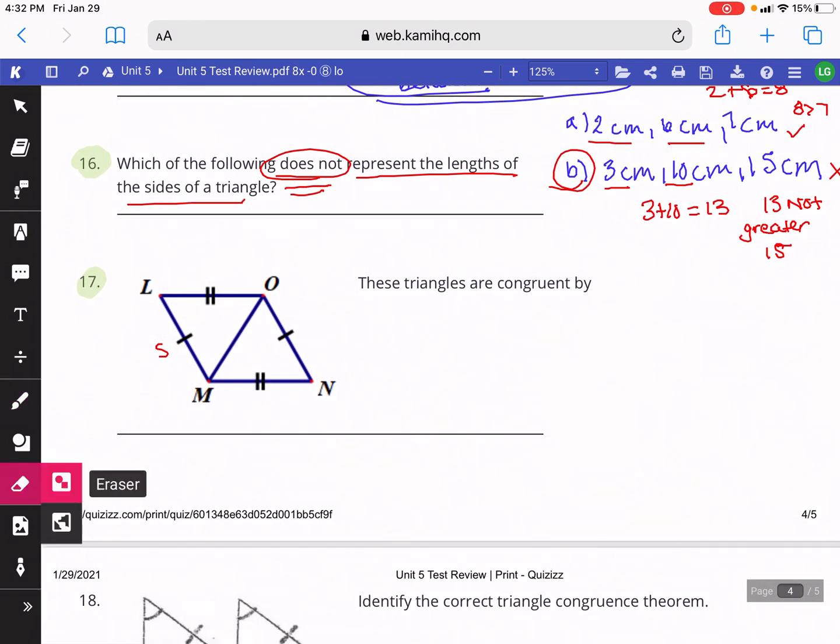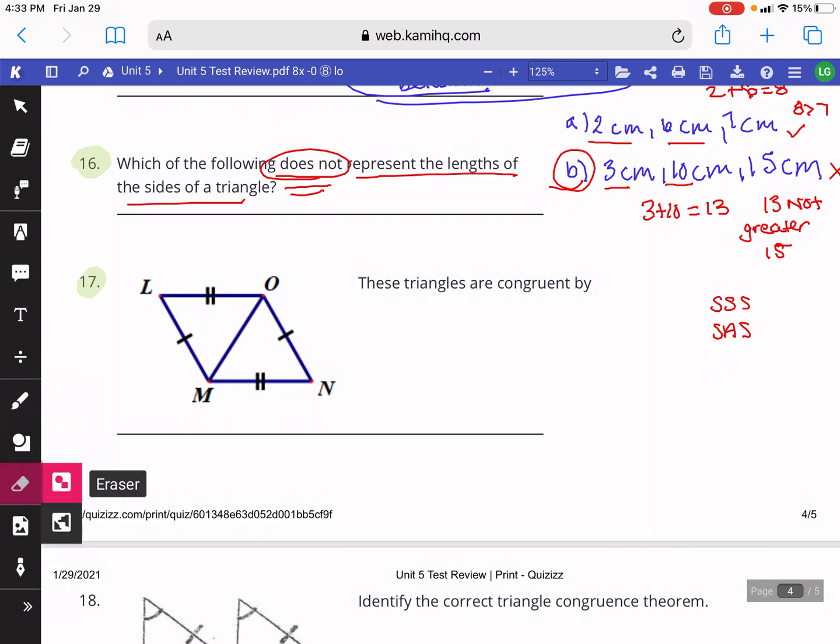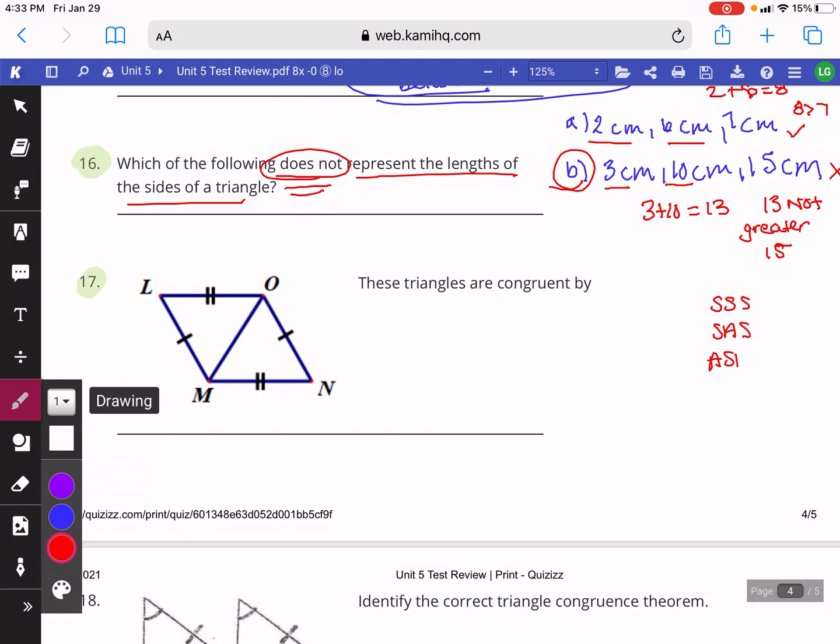Here on this next question, it wants to know what these triangles are congruent using. So we learned several theorems: side, side, side; side, angle, side; angle, side, angle; and angle, angle, side. For side, side, side, all three sides would be congruent in both triangles.